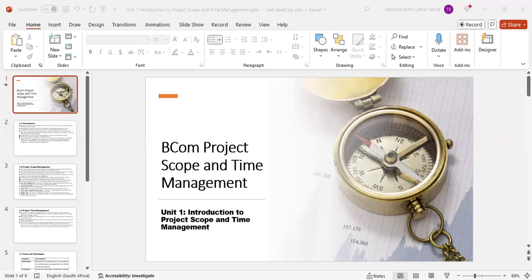And from there, we'll look at unit 6, which is the scope management plans, all right? So there we'll look at scope planning and what it entails. And then from there, we'll look at unit 7, which talks about scope verification techniques.